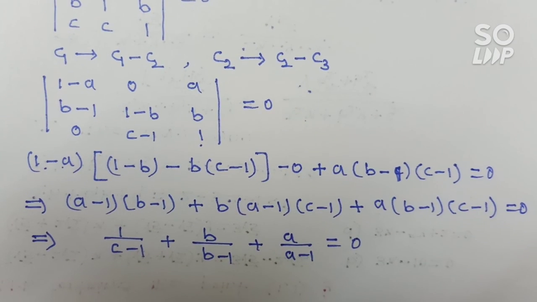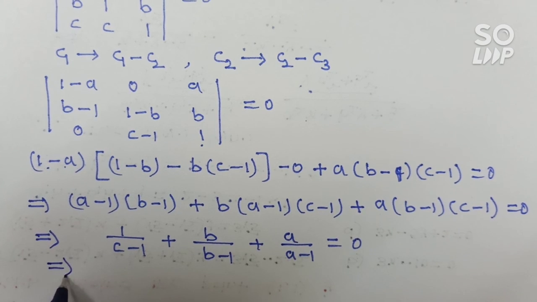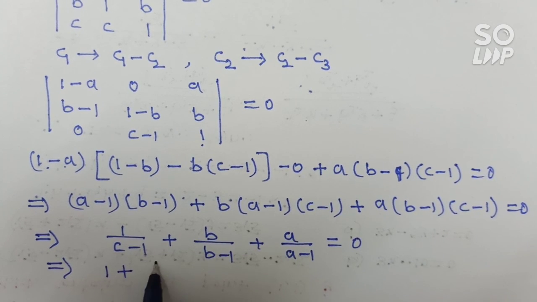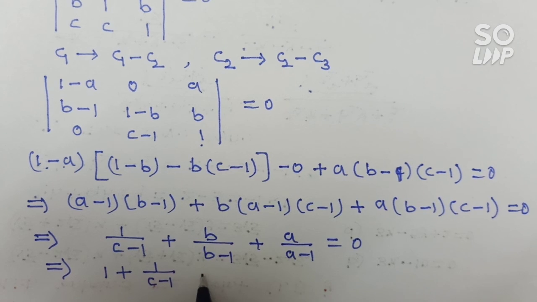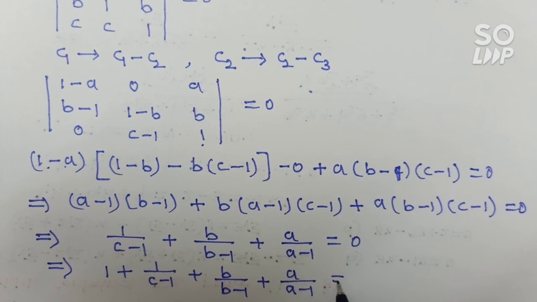To find that value, add 1 to both sides. That implies 1 plus 1 by c minus 1 plus b by b minus 1 plus a by a minus 1 equals 1.